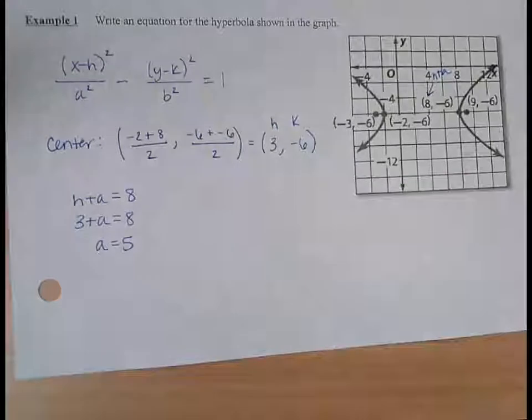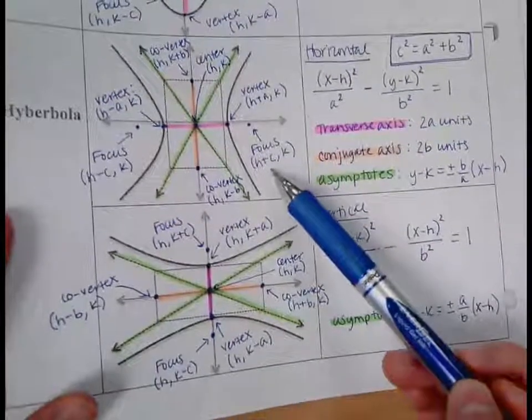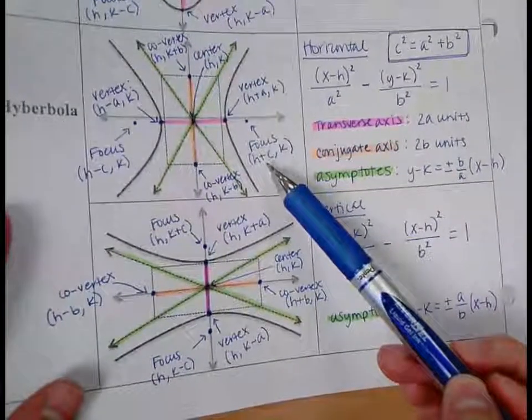I then need to find b. But if I'm given the two foci, what does a focus allow you to find? c. So in a similar way, again, I'm going to use the rightmost one. The rightmost focus has an x-coordinate of h plus c.